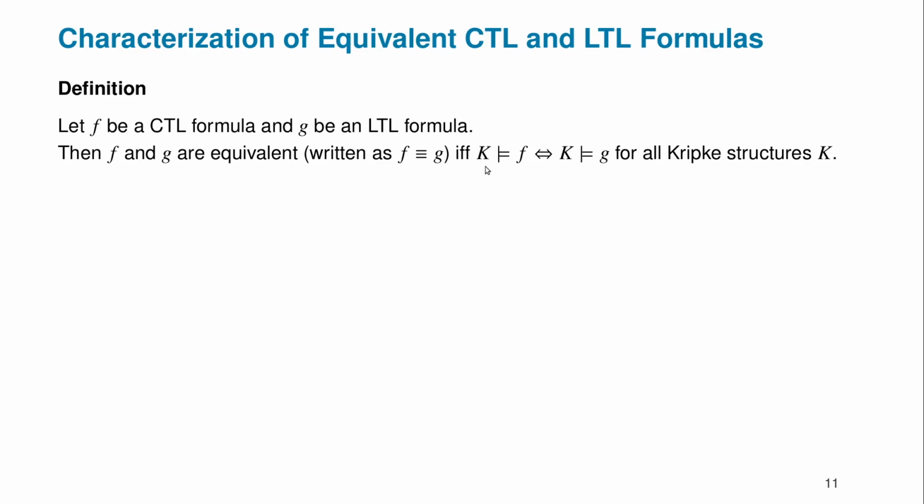So if a formula F is true in a Kripke structure K, then also G has to be true in K, and vice versa. So they have the same value for all Kripke structures. And a bit later we will see some criteria for how we can decide if two formulas are equivalent, or if we can even find the equivalent formula or show that no equivalent formula exists.